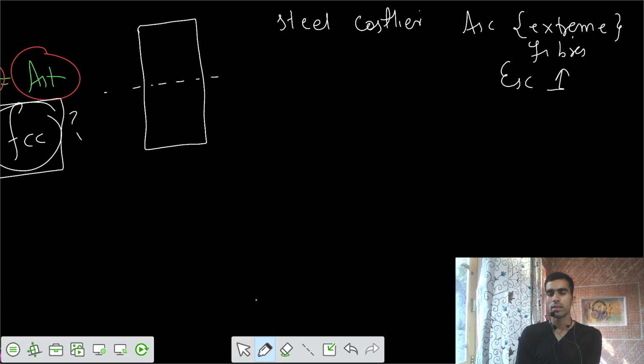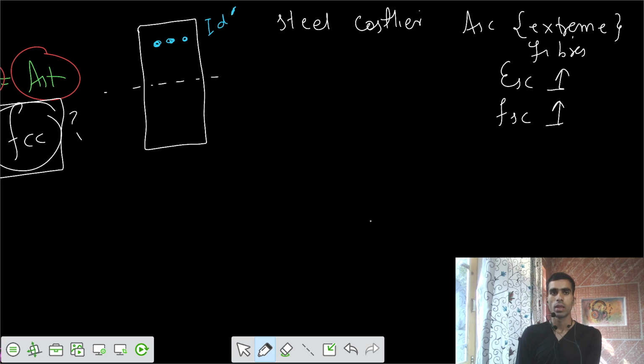If the strain ESC is more, that means the stress in that steel is also more. From that perspective, I would say you should place those steel bars in the compression zone somewhere to the top side. It should be very close to the top side at some effective cover of D dash.